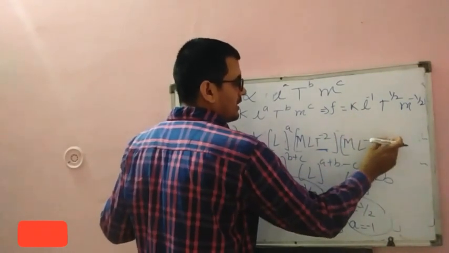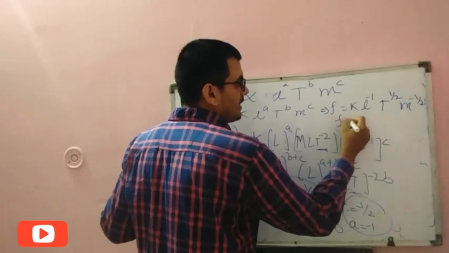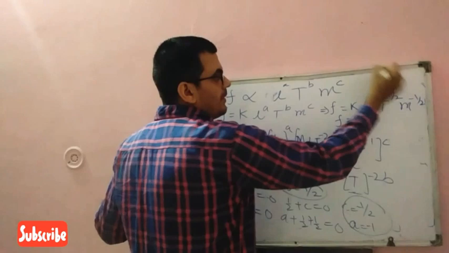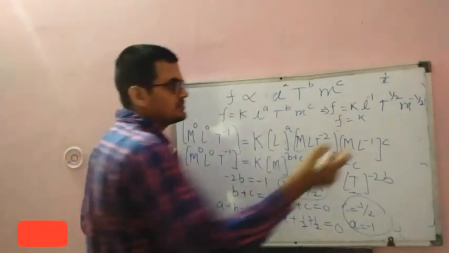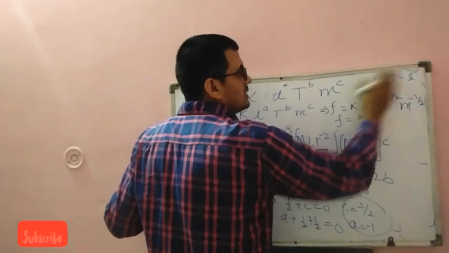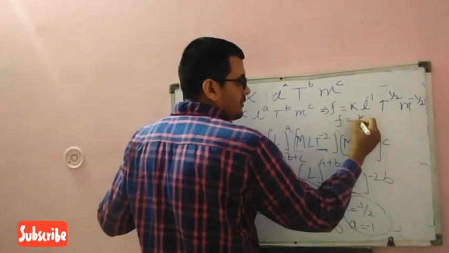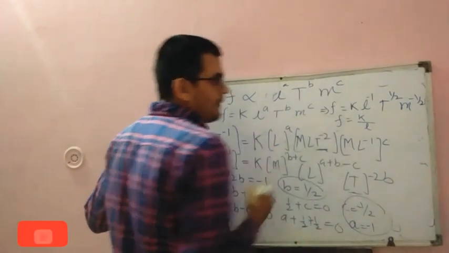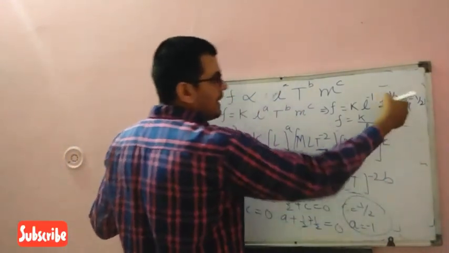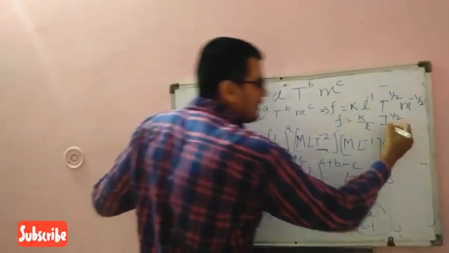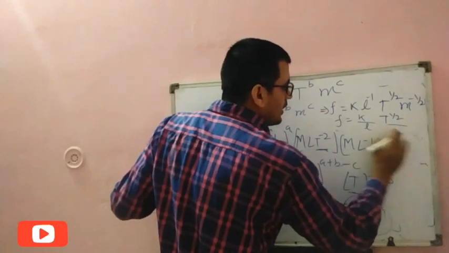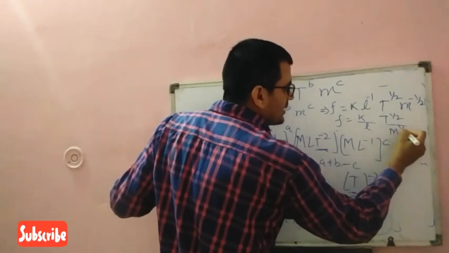Now you can rearrange it. F equal to K, L power minus 1 means 1 upon L. So in place of L power minus 1, we write K upon L. Then T's power is 1 by 2, and M's power is minus 1 by 2, so M power 1 by 2 goes in the denominator.